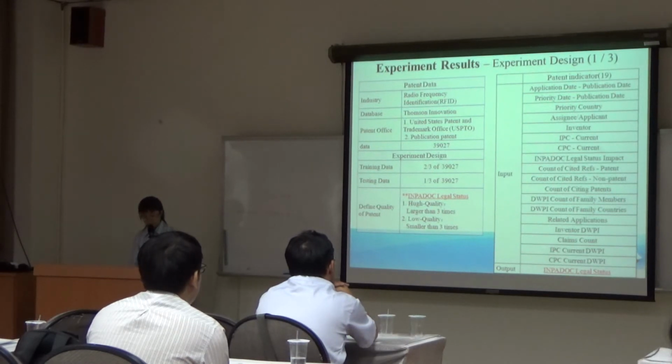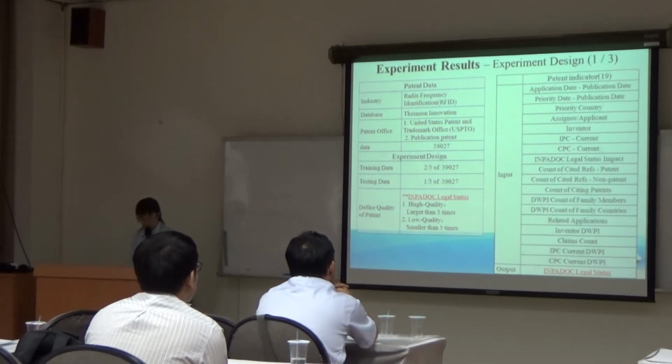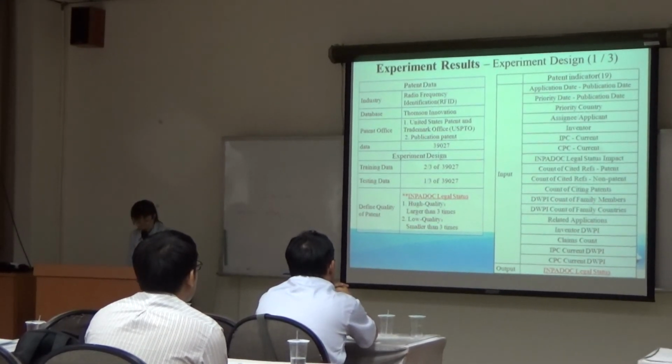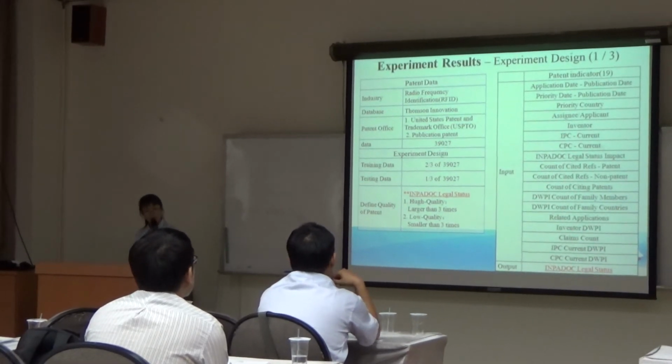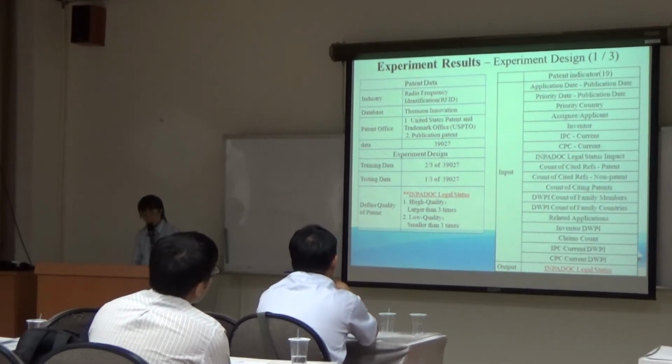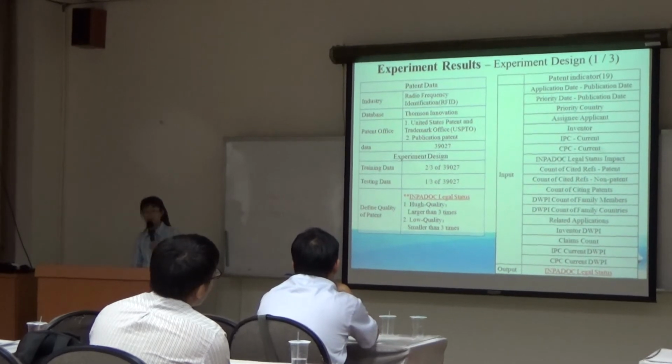We use the impact legal status to define the quality of the patent, and the others as the features. When the impact legal status is larger than 3 times, we define the patent as high quality, otherwise low quality.